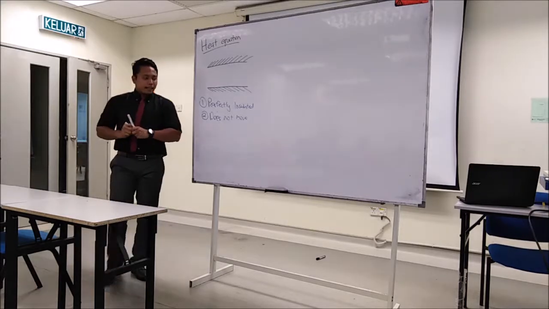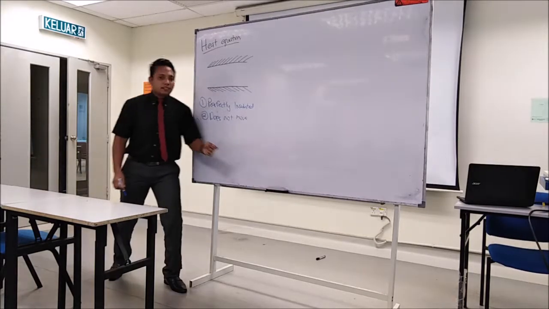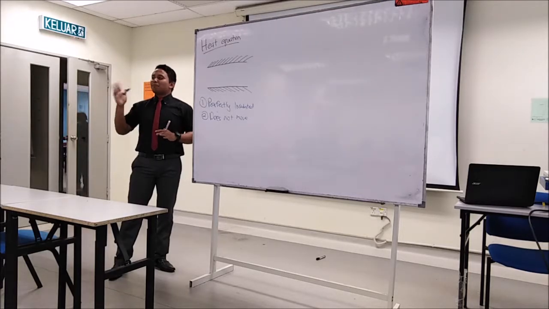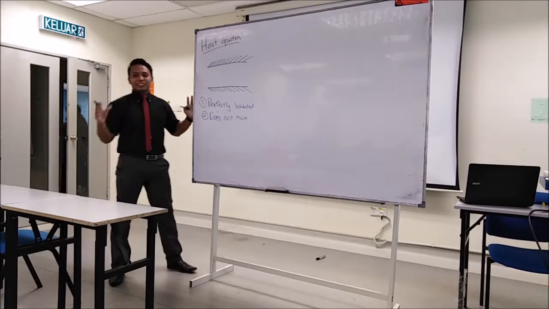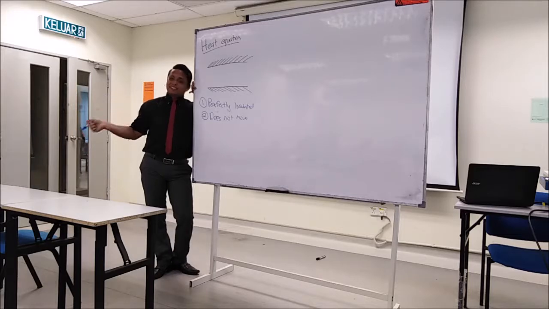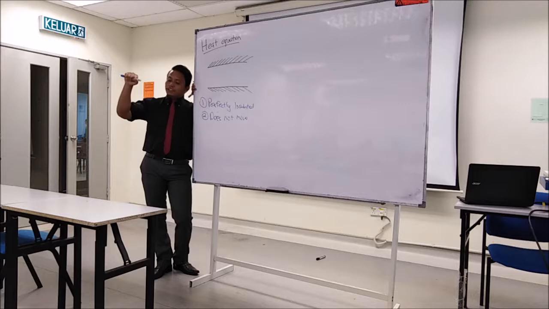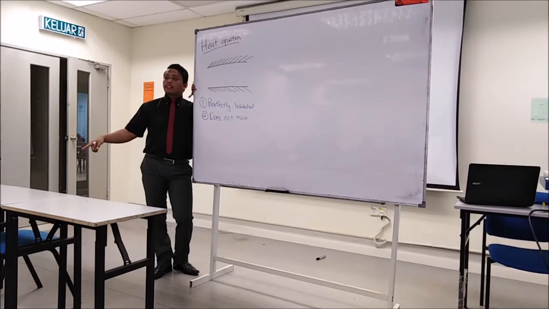Okay. But the thing is, these two conditions are not applicable in real life. For example, a thermos: when we pour water into the thermos, we expect that the thermos is perfectly insulated. But when we pour water at 100 degrees Celsius and open it 12 hours later, it will not remain at 100 degrees Celsius.